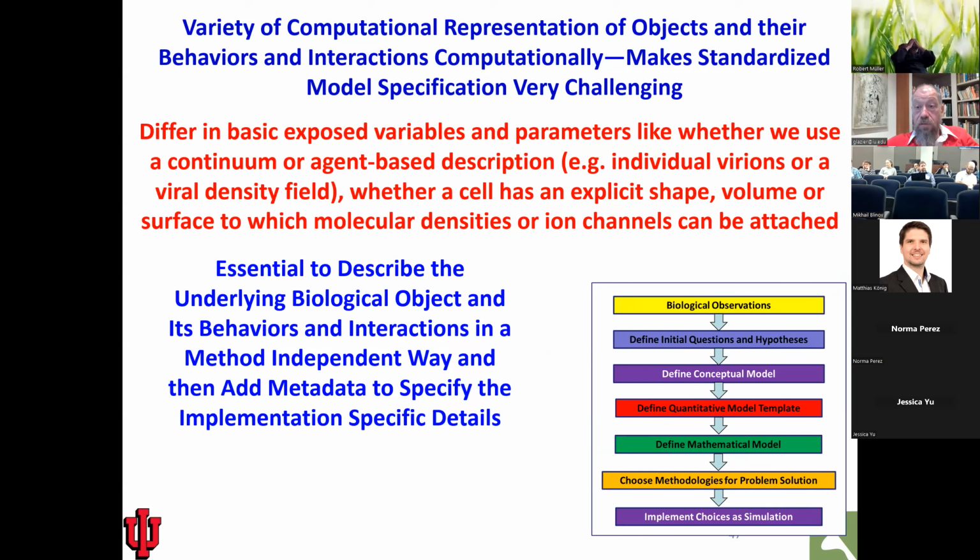If we have a concentration of virus, do we treat the virus as individual particles, in which case we have a lot of them, or do we have them be a field? We yesterday heard about modeling of bacteria inside of cells. Do we model those as spatially explicit objects, as agents, or do we say that there's some number or density of bacteria inside of individual cells that are modeled as agents?